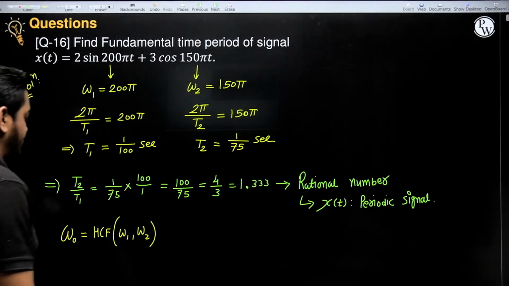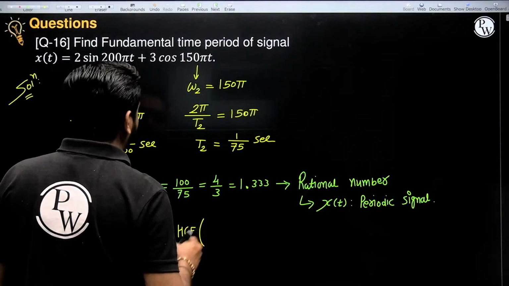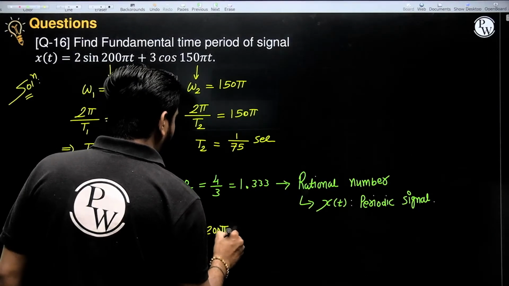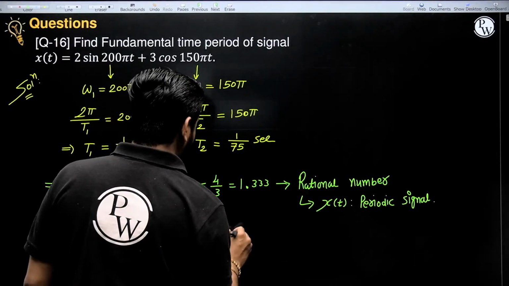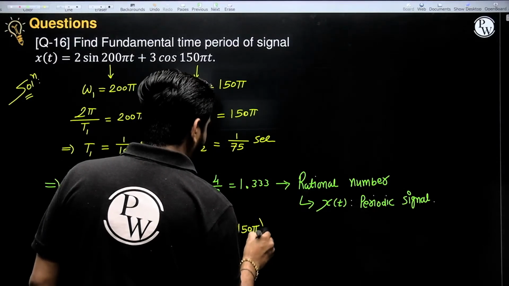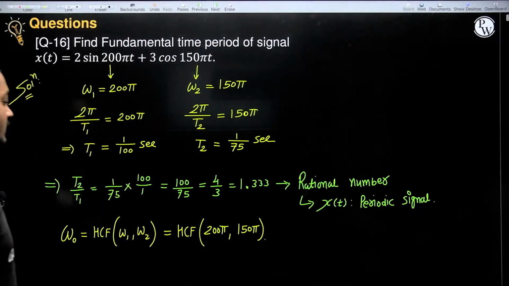So omega 0 is equal to the HCF of 200 pi and 150 pi.